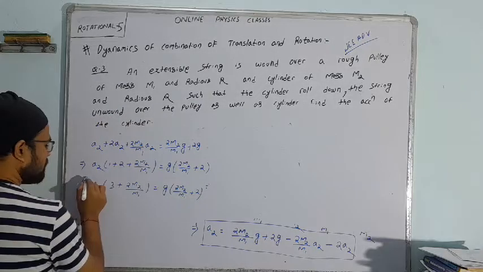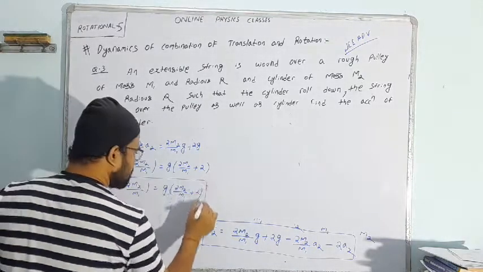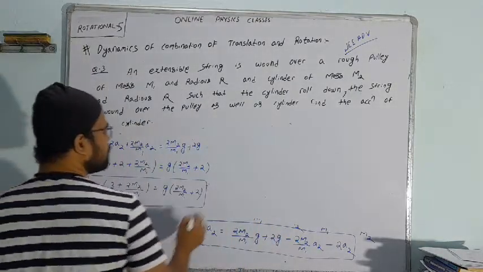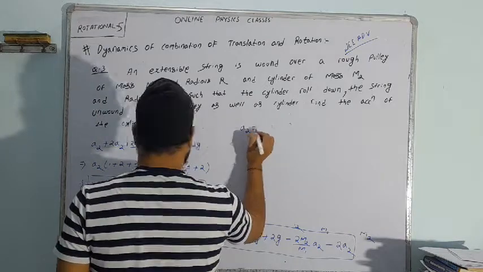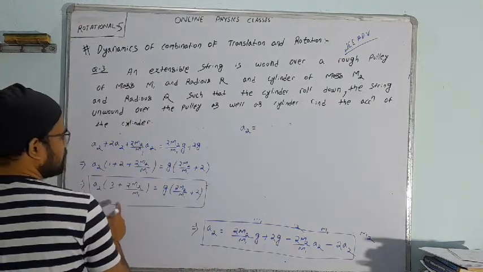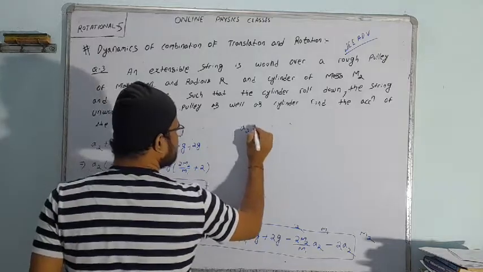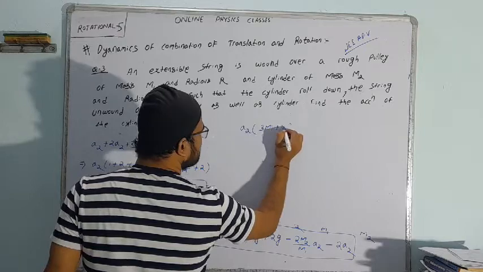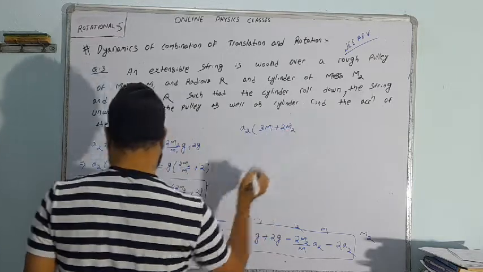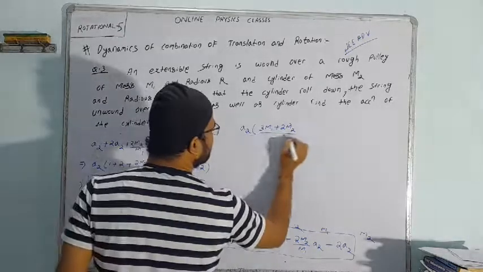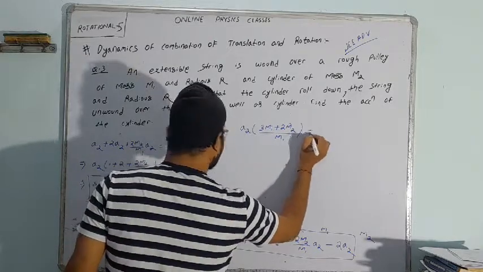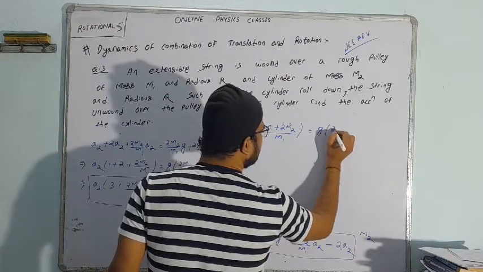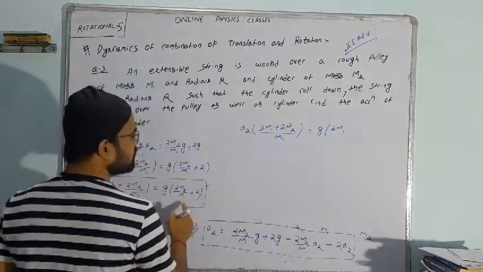We can say a2 times 3m1 plus 2m2 by m1, and the right side this is g times 2m2 plus 2m1 by m1.